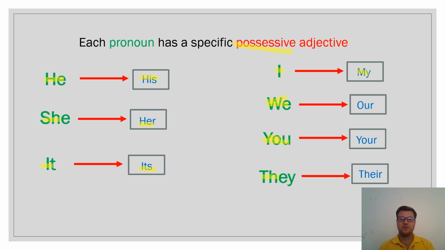Please take a moment to write down and remember and study these words before we continue.